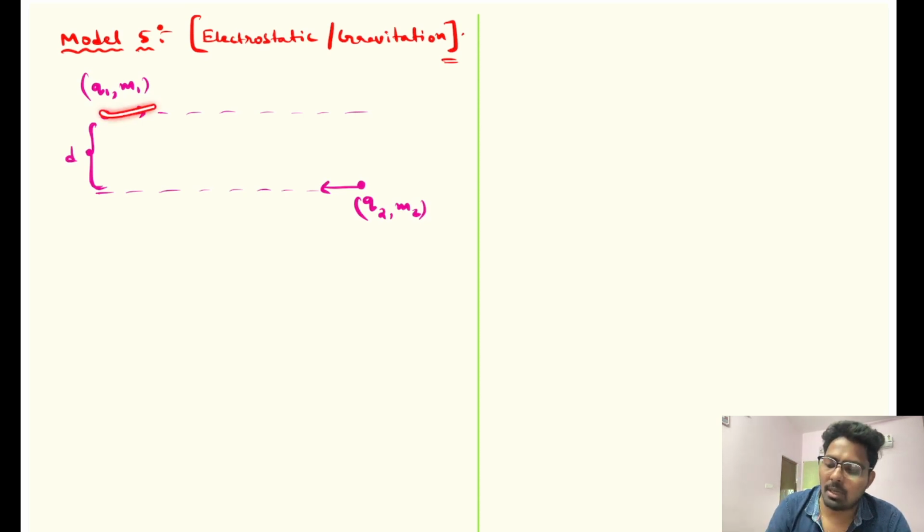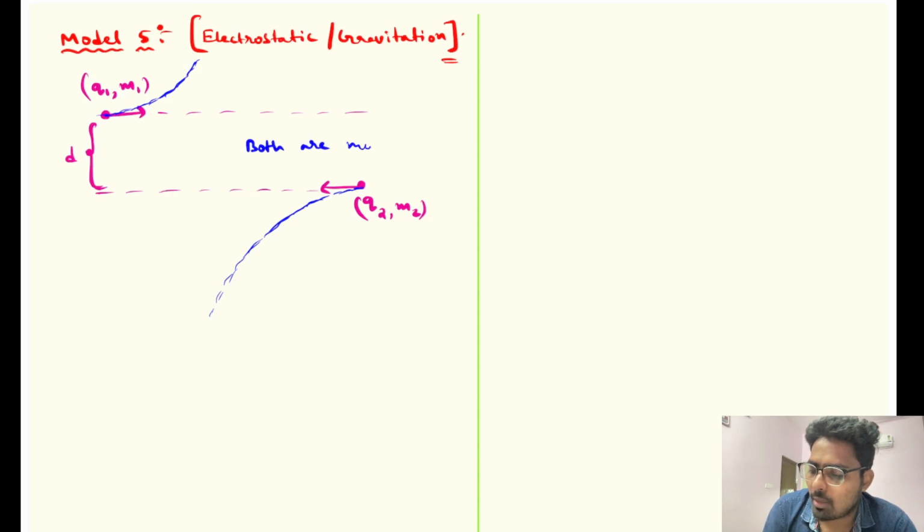Now they might be repelled like this. What will be the path? This will be repelled something like this, and this will be repelled something like this, obviously. So the path would be very difficult for us to analyze, as both the charges are moving.